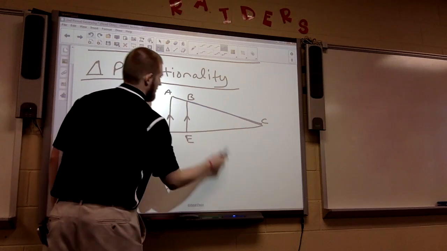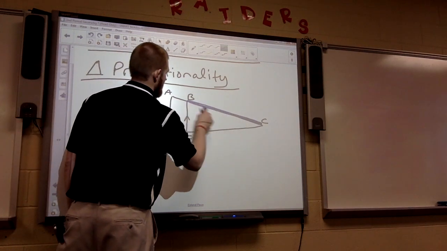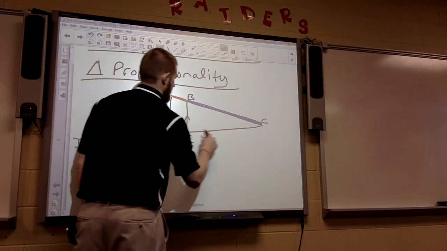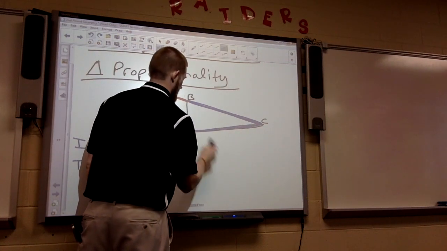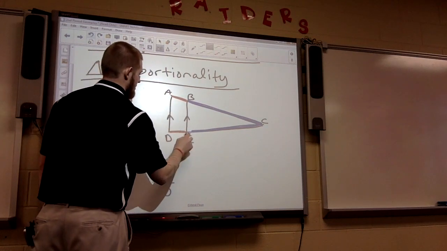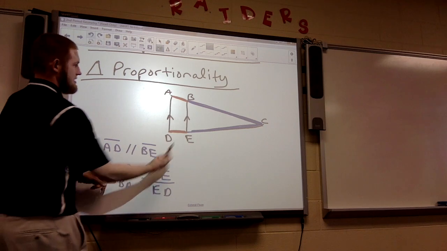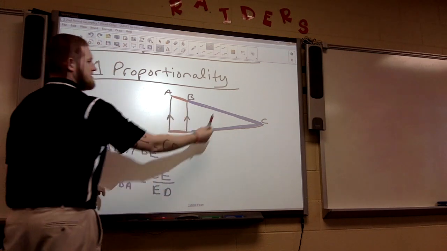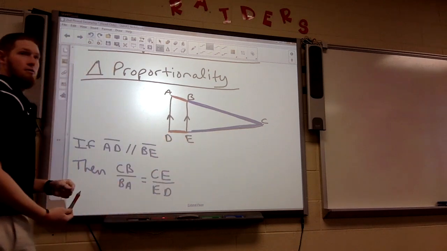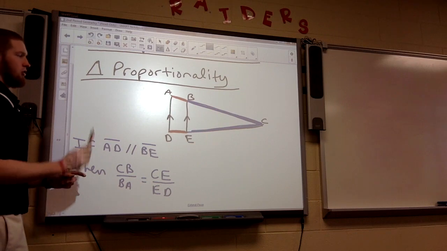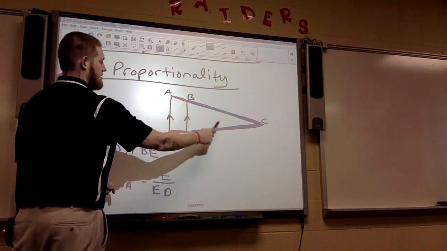We can now compare BC to AB and EC to ED. Okay, that's okay now if the lines are parallel. Okay, now, could I also, okay, so they did CB to BA. Could I have done CB to CE and then AB to DE? Yeah, that's okay. Could I have done AB to CE?